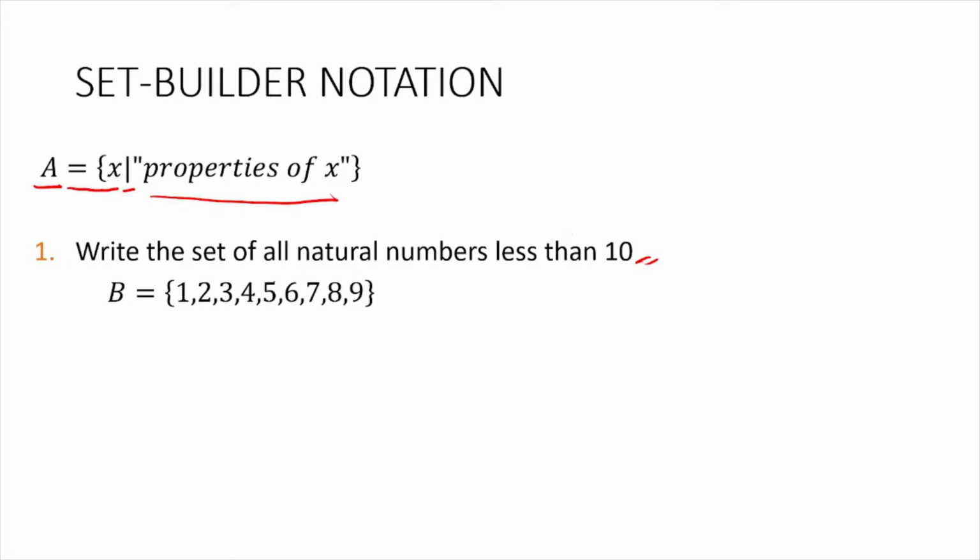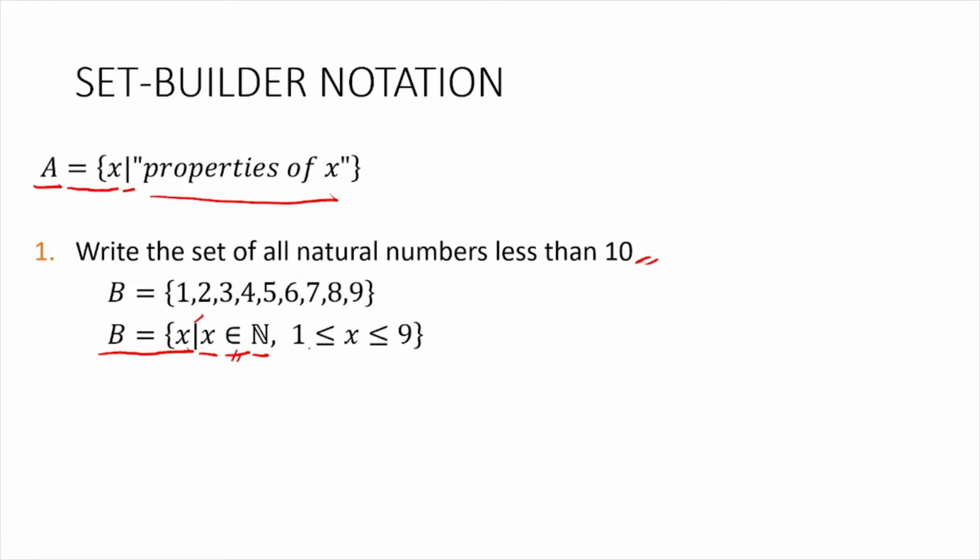Using the set-builder notation, set B is the set of all x, and this vertical bar means "such that." So B is the set of all x such that x is an element of N, where N is the set of all natural numbers. This symbol means "element of," or we can simply say x is a natural number.